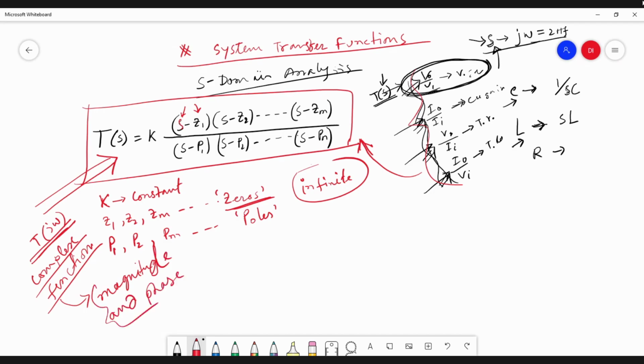Since it is a complex function, we will have two parts, the magnitude and phase, and both will be functions of frequency.